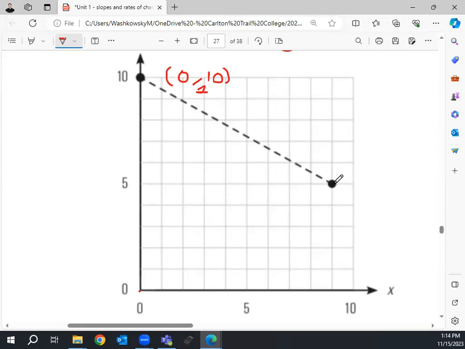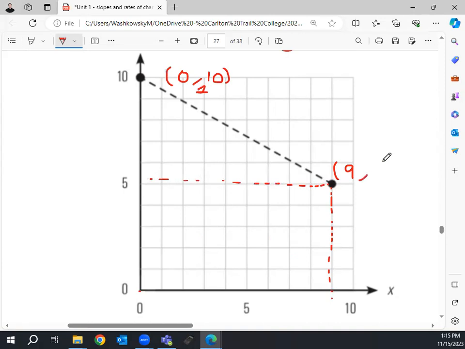And then what's my second point here? 9. Yeah, it's kind of hard to see. You are correct. It is 9. So my x coordinate here is a 9, and my y coordinate here is a 5.